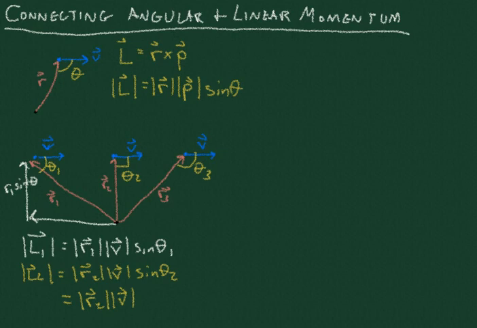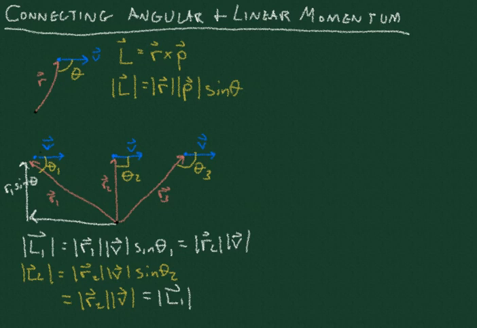So in other words, R1 sine theta is equal to magnitude of R2 V. So the magnitude of L2 is equal to the magnitude of L1. And because these are all in a plane, we see that L2 is actually equal to L1.